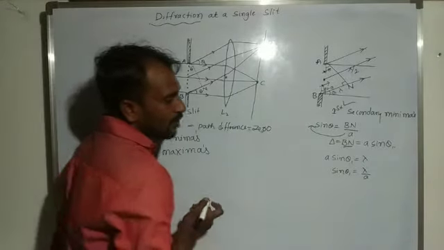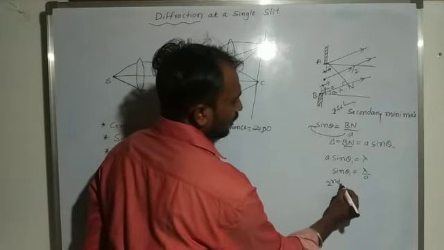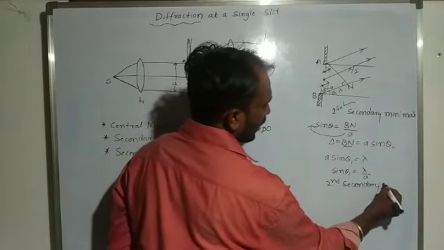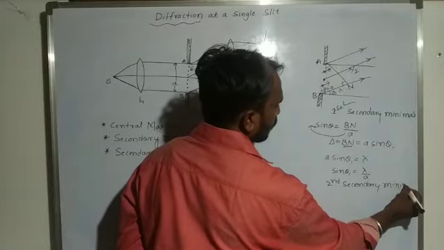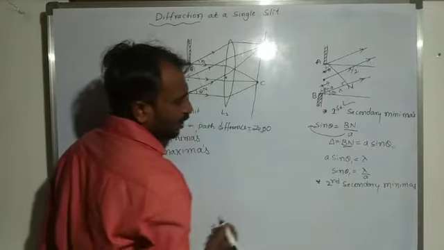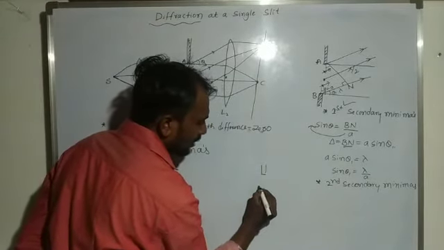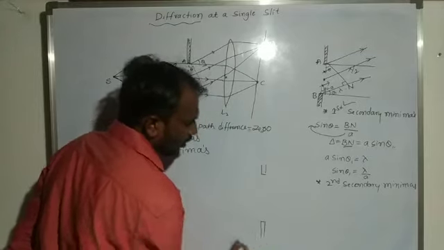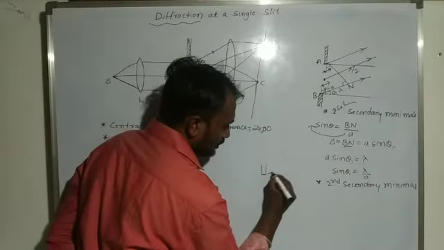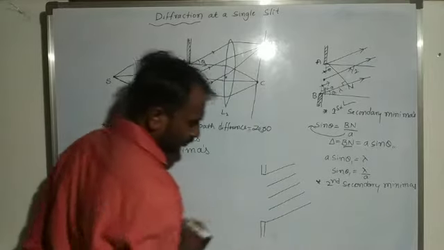Suppose we want to calculate the second secondary minima. Second secondary minima means dividing the slit, suppose this one is a slit, into four equal parts: 1, 2, 3 and 4.